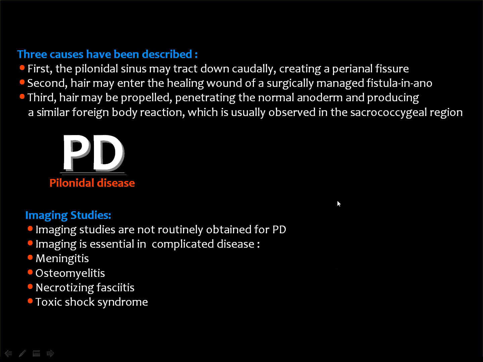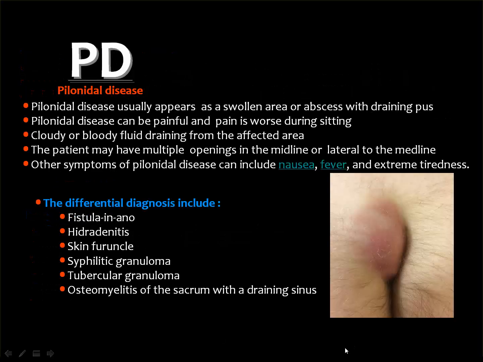Actually, we do not need imaging for the diagnosis of pilonidal disease, but imaging is essential if there are complications. The complications may include meningitis because of the near proximity of the lesion to the spinal canal, osteomyelitis of the adjacent sacral bones, necrotizing fasciitis, and toxic shock syndrome.